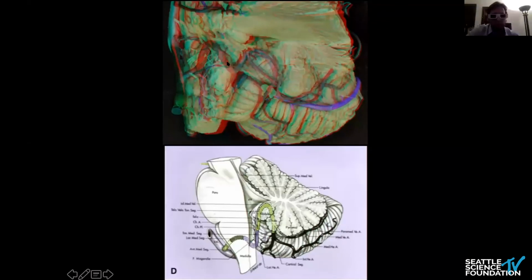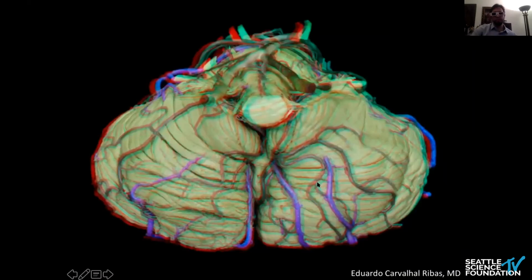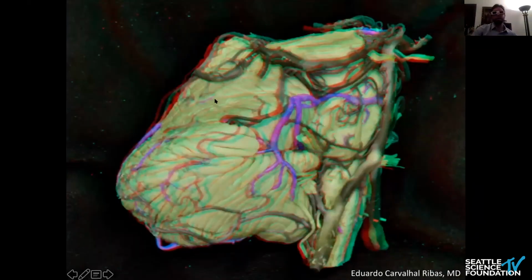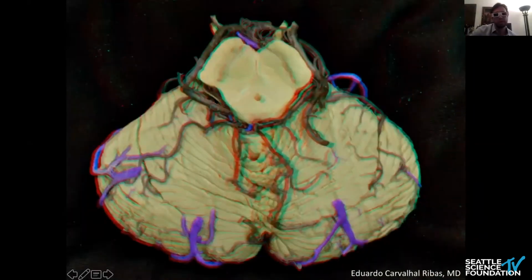It has one anterior medullary segment here, a lateral medullary segment here, and then it will be positioned just laterally to the vermis, and will finish itself by supplying the suboccipital surface of the cerebellum here. AICA will supply the petrous surface of the cerebellum, and SCA the tentorial surface of the cerebellum.